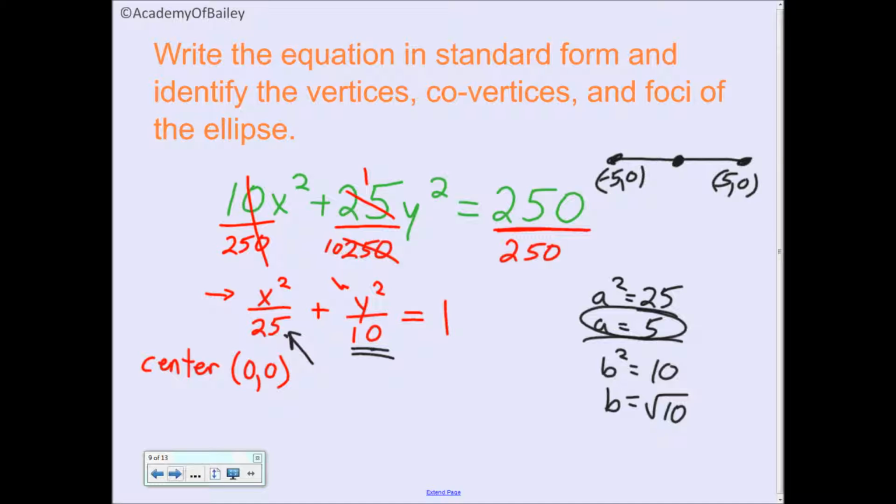So that right there is going to be the vertices: positive, negative 5, 0. And remember, the co-vertices are b distance away on the minor axis. And so if b is the square root of 10, that would be 0, square root of 10, and 0, negative square root of 10.